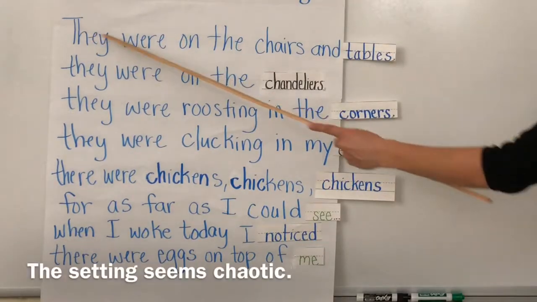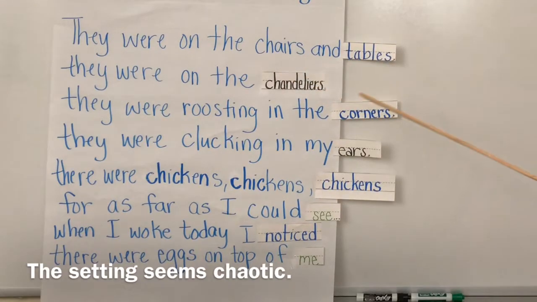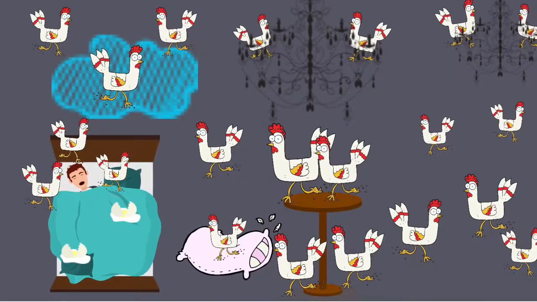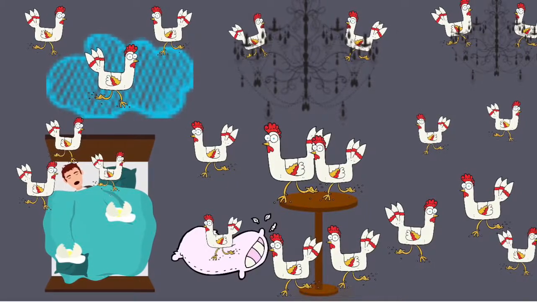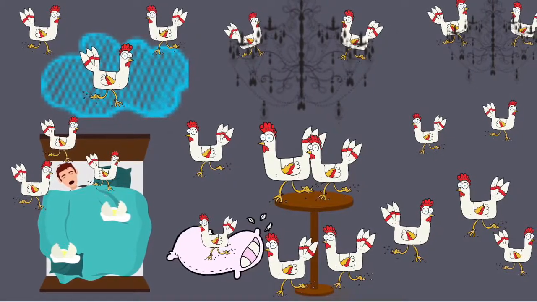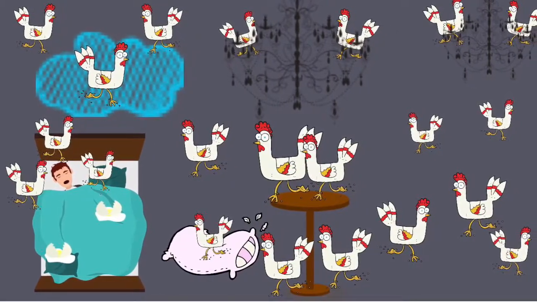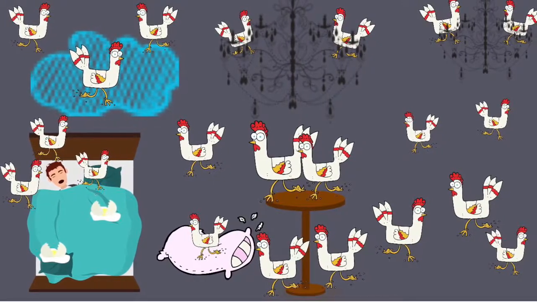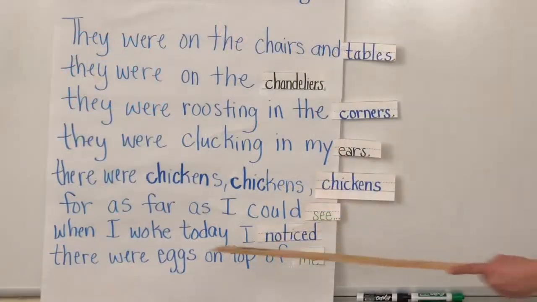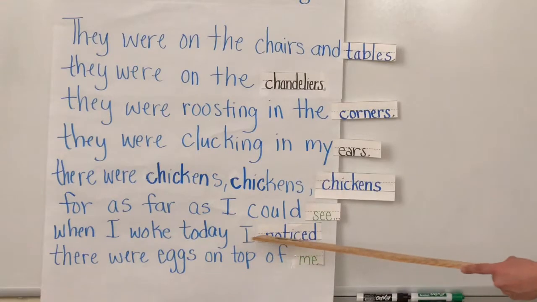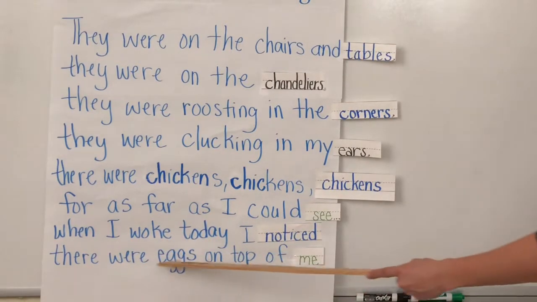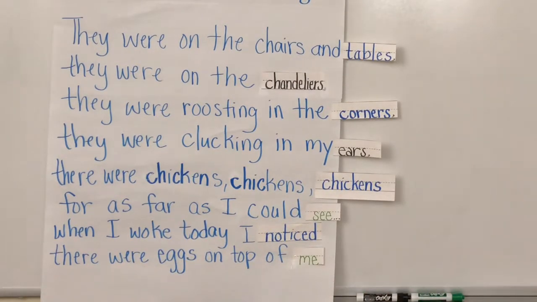They were on the chairs and tables. They were on the chandeliers. They were roosting in the corners. They were clucking in my ears. There were chickens, chickens, chickens, for as far as I could see. When I woke up today, I noticed there were eggs on top of me.